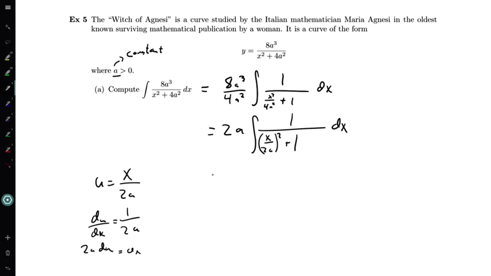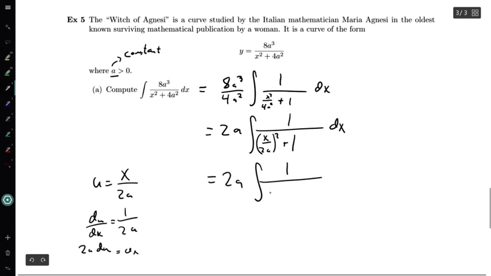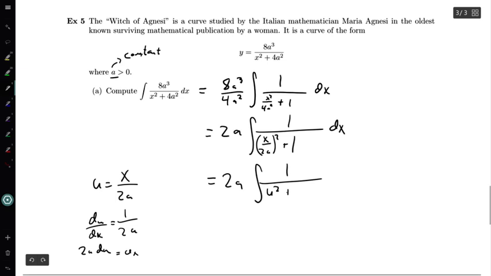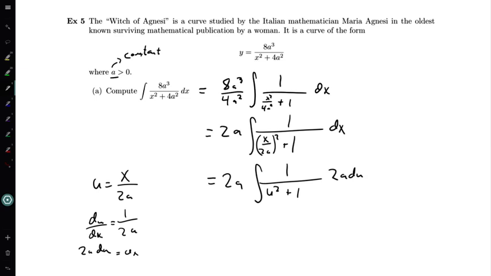Great, so we can do this substitution now. So I have 2a out front. I have the integral of 1 over u squared plus 1, and dx I'm going to replace by 2a du. Cool. So I can factor this 2a out of the integral and combine it with this 2a to give me a 4a squared.